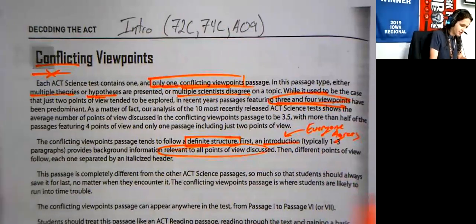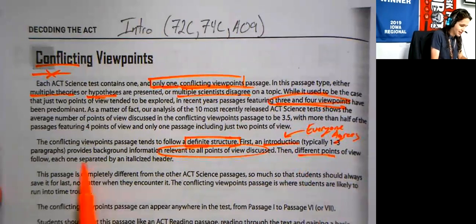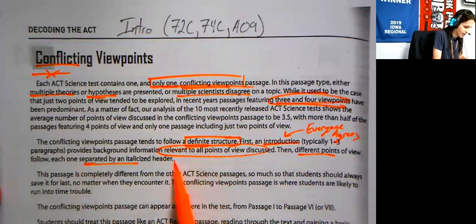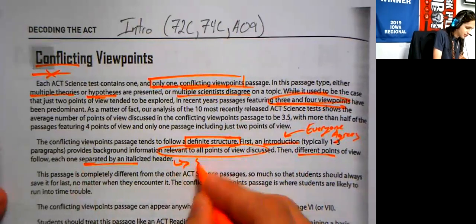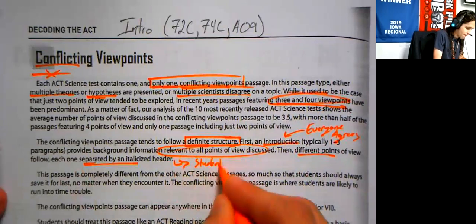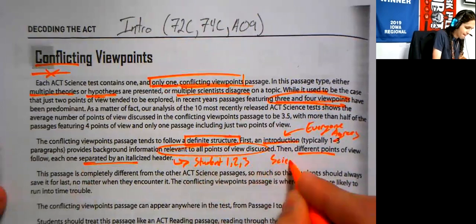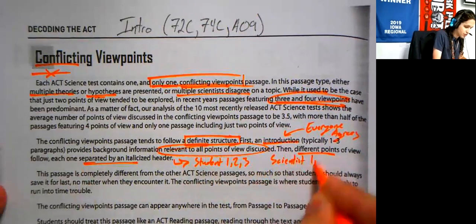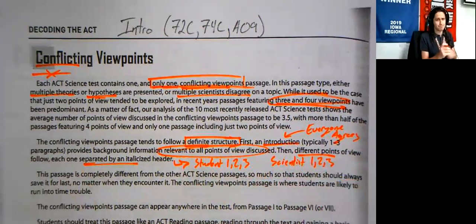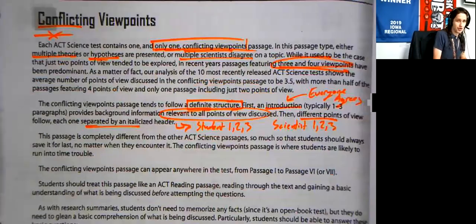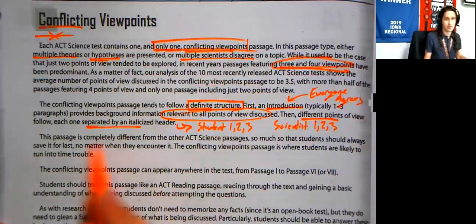Then different points of view, each one separated by an italicized header. Often that's going to look like maybe student 1, 2, 3, or scientist 1, 2, 3, something along those lines.